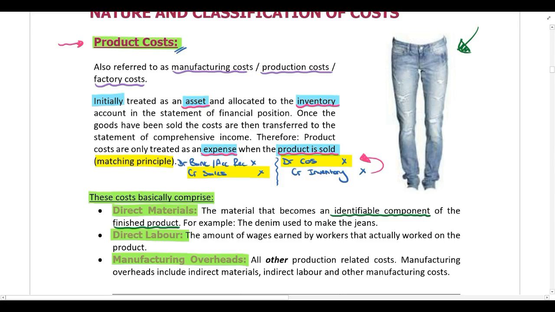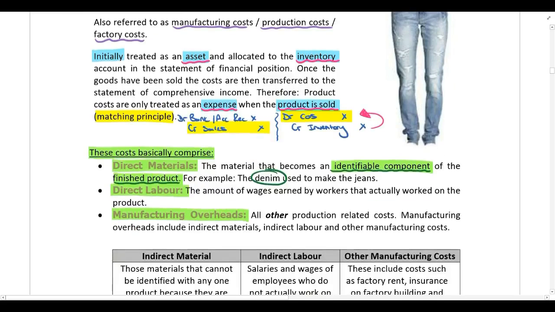So if we make denim jeans, the direct material is going to be the denim that is used to make the jeans, because the denim is an identifiable component of the finished product. When I look at the finished product, I can see the denim that was used to make that product. So that is my direct material. So that is the first cost that we are allowed to include in the value of inventory, direct material.